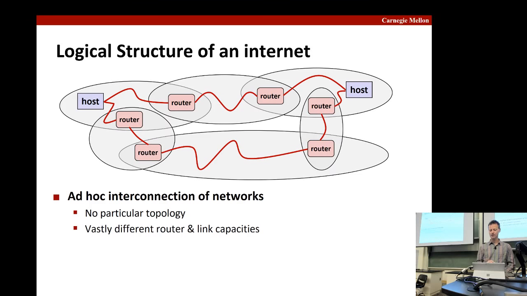And then this is starting to look more and more like a picture maybe you're familiar with. You have hosts all around the world, and then you have these routers in the middle. Obviously the hosts are interspersed as well. And then you have routes between these routers, so paths you can take between these routers.